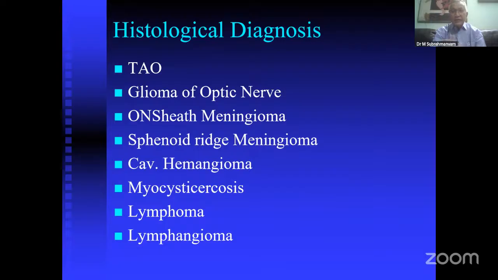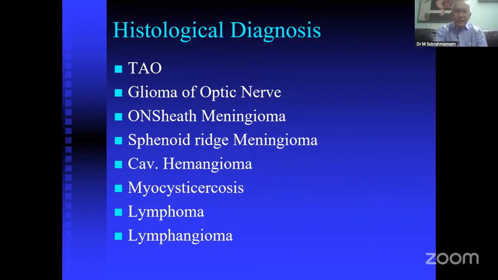It tells you whether it is a case of a cavernous hemangioma, which more commonly is in the intraconal space, or is it a schwannoma? And the way they behave in contrast, you can differentiate a hemangioma from a schwannoma.